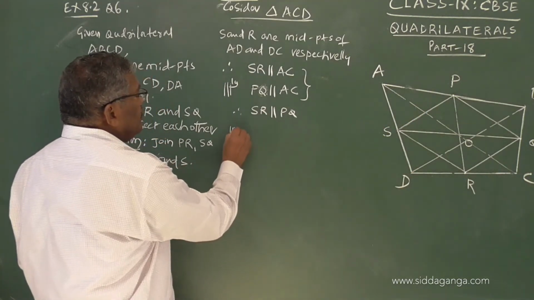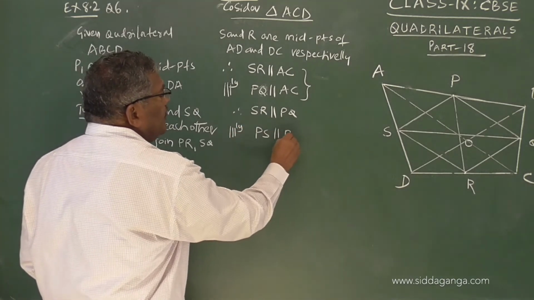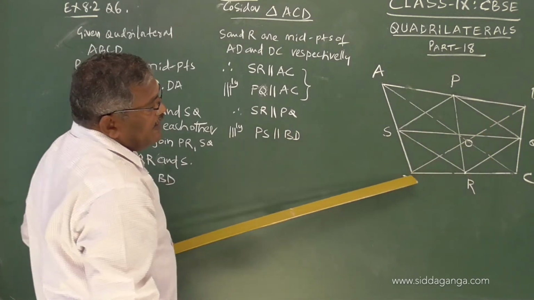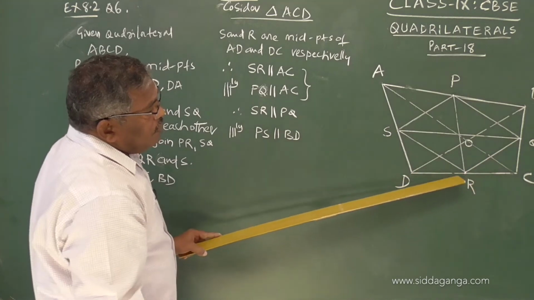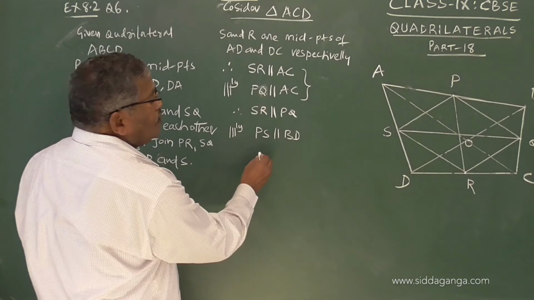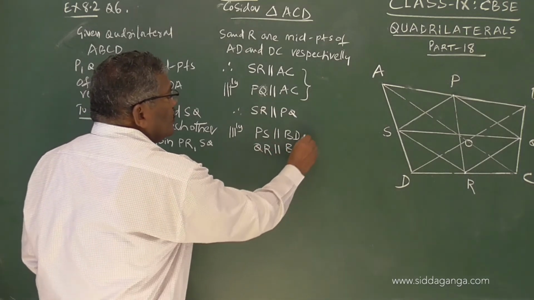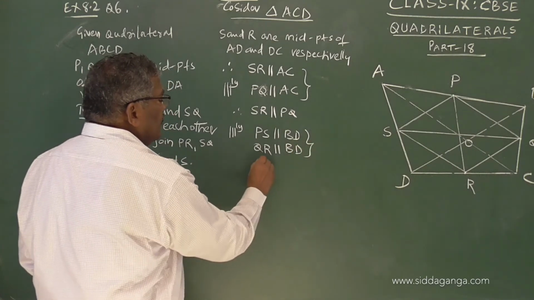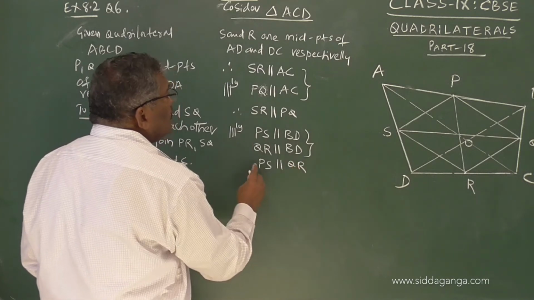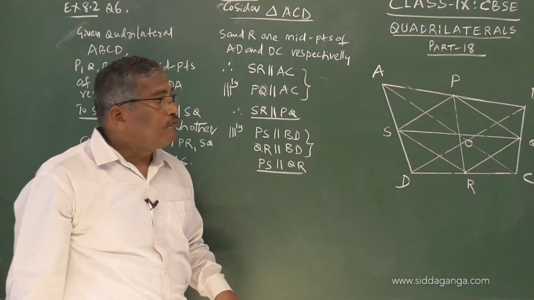Similarly, in triangle BDC, QR is parallel to BD. So from these two we can say PS is parallel to QR. So this is result number 1, result number 2.